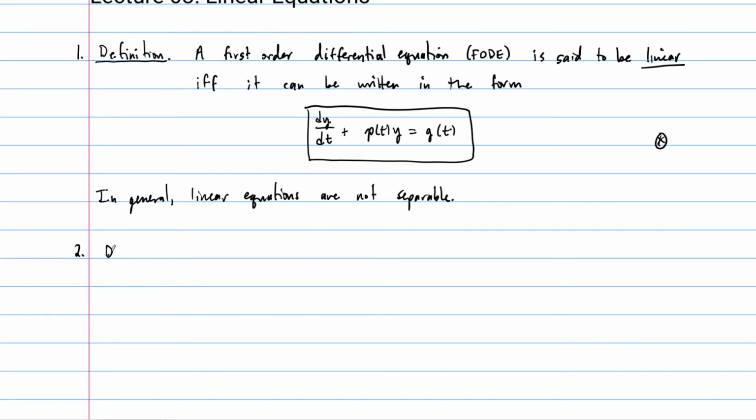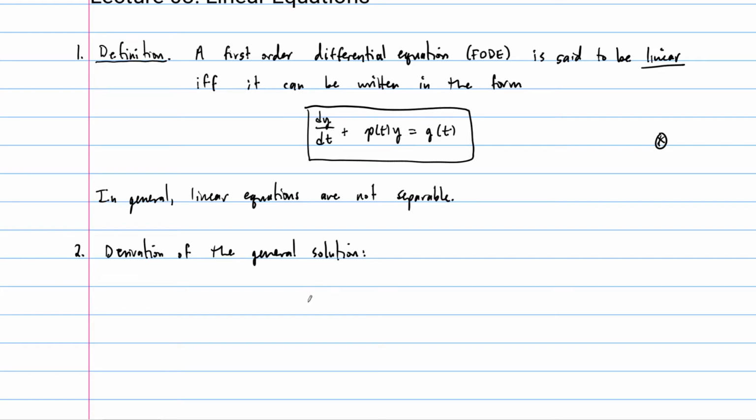This item number 2 here is going to be the derivation of the general solution. What we're going to do is observe that, as we've already seen, it's not separable, but we're going to try to make this into a separable equation.